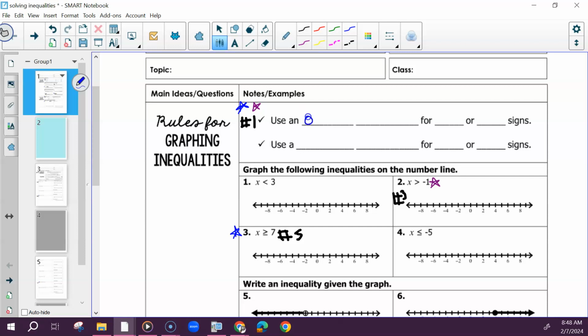One is use an open circle for less than or greater than signs. And then use a closed circle for less than or equal to or greater than or equal to signs.